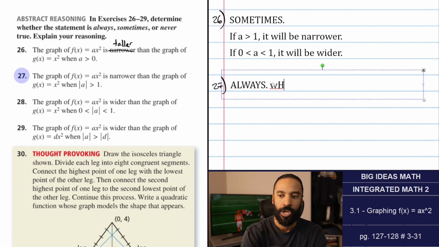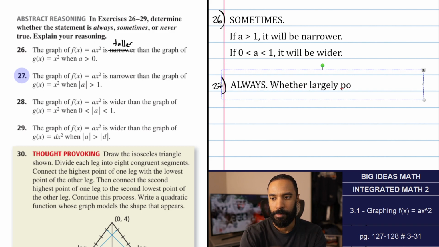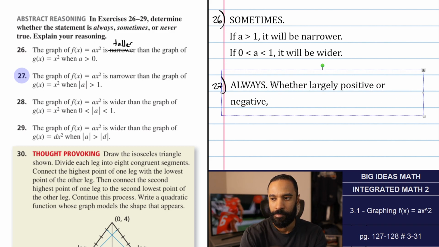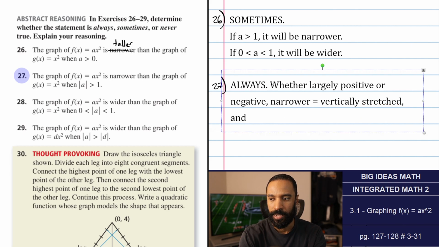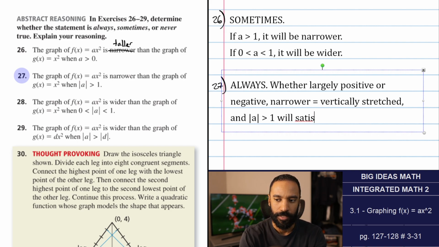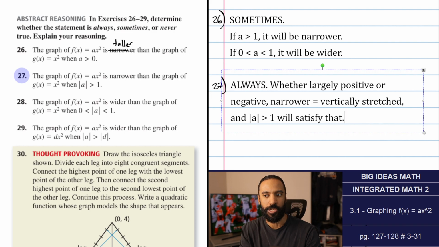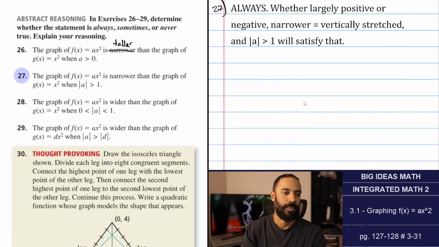But so always, whether largely positive or negative, narrower equals vertically stretched, and absolute value of a greater than 1 will satisfy that. I don't know if that's my best way of supporting that answer, but that's what I explained to you, kind of going to work that thing out.